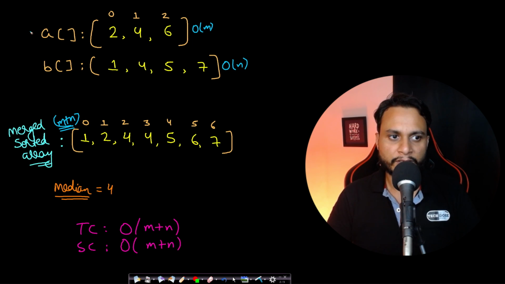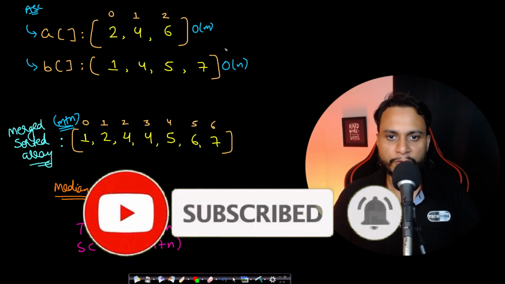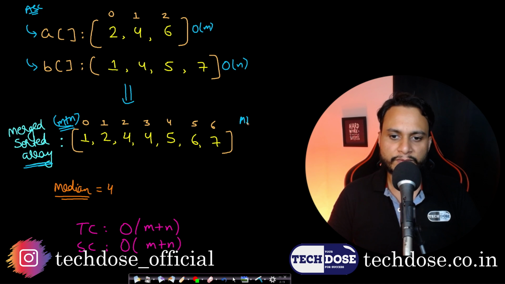Let's say that you have an array A in ascending order and array B in ascending order, and you are required to find the median. The simplest way to find the median is to convert it into a merged sorted array, where you merge these two sorted arrays into a single one, and then you will have the size of this array as m plus n as mentioned here, and simply you can find the middle element to be the median element.